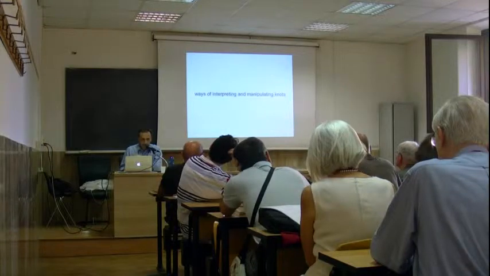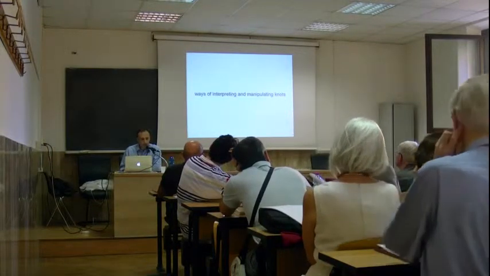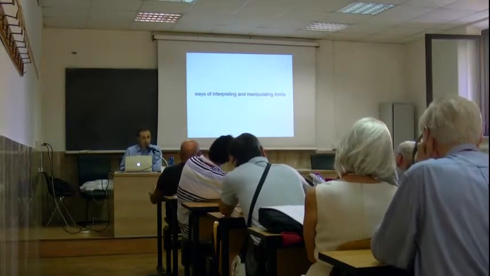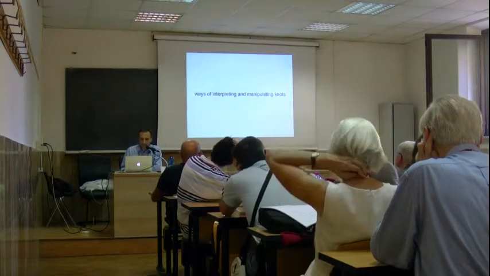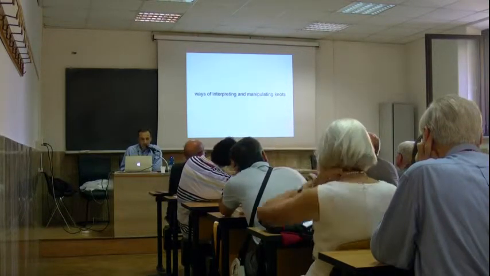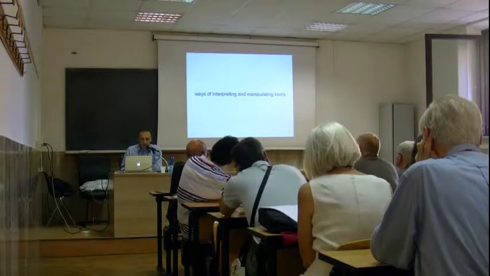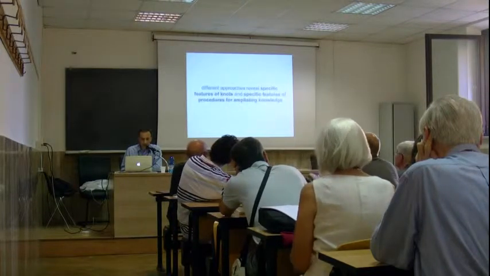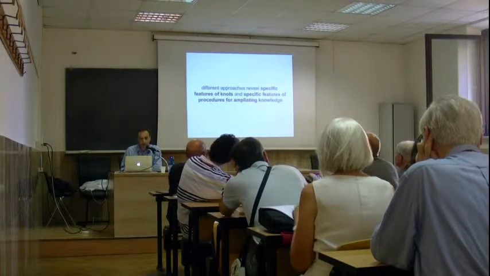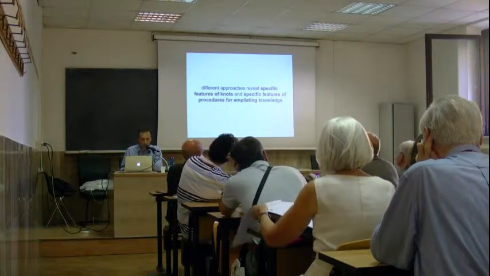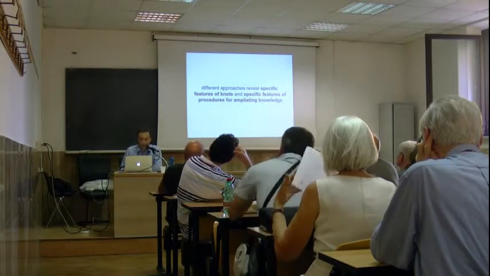These approaches turn out to be ways of interpreting and manipulating knots in a very specific way. And the interesting feature of knot theory is that different approaches reveal specific features of knots and specific features of procedures for producing knowledge.